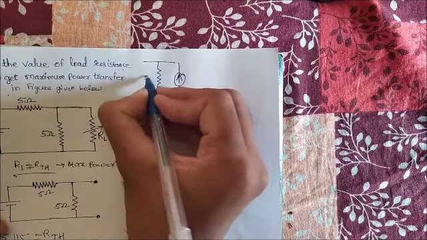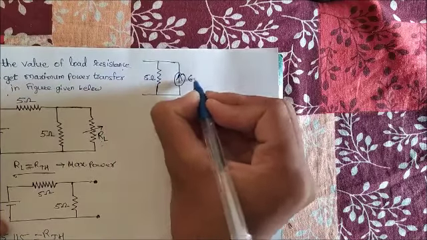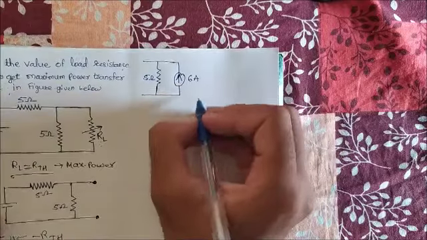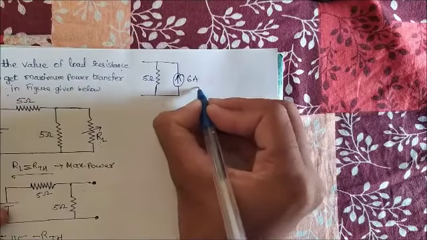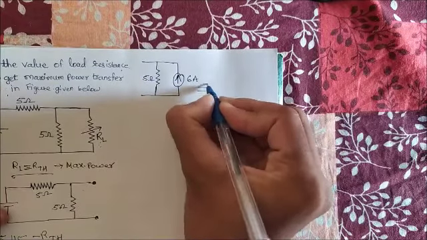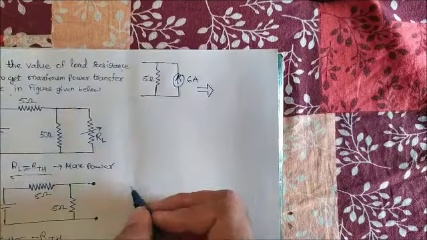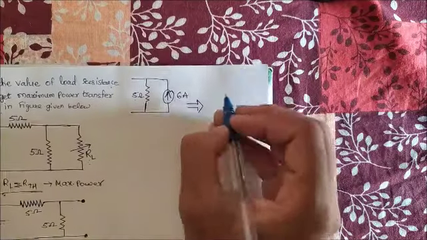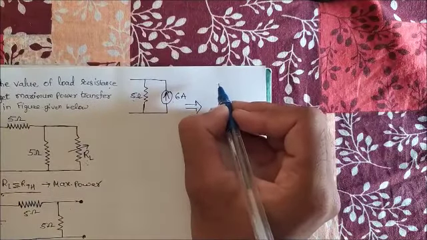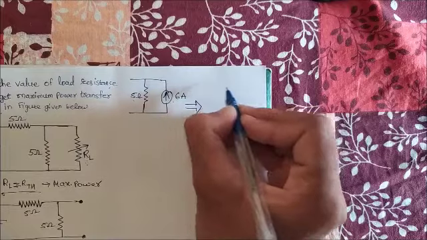Okay, this is your 5 ohm and this is your 6 ampere, and to convert this given circuit into voltage source, multiply 5 into 6, that is your voltage source becomes 30 volt.